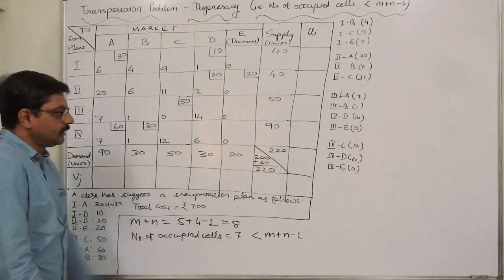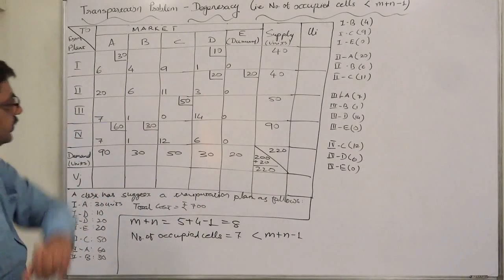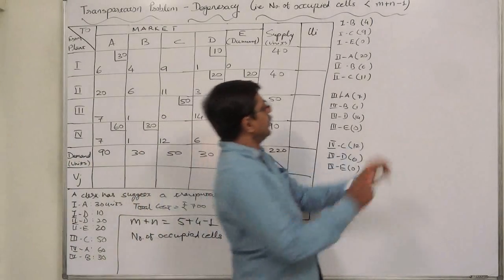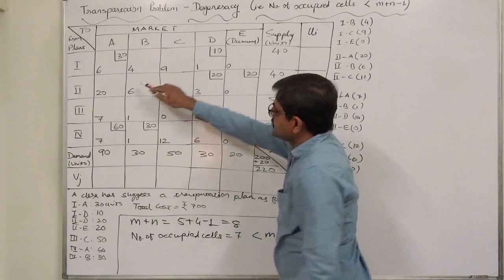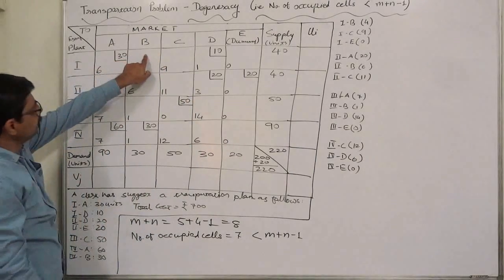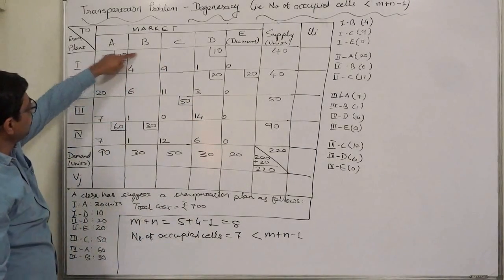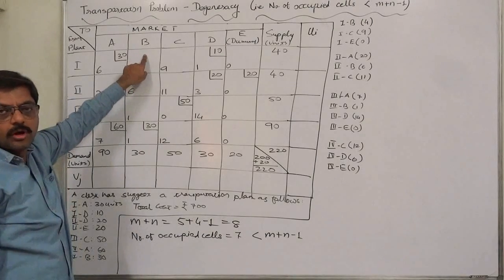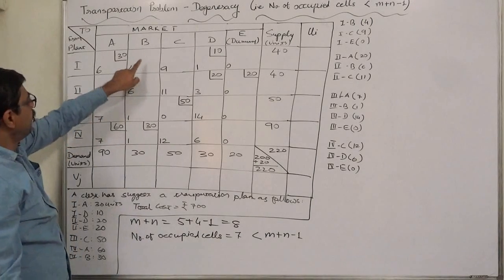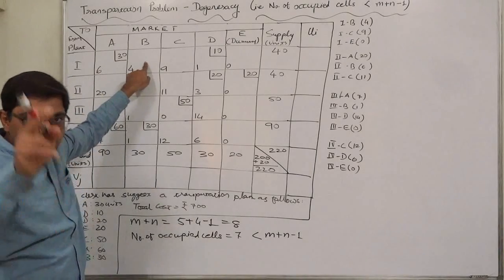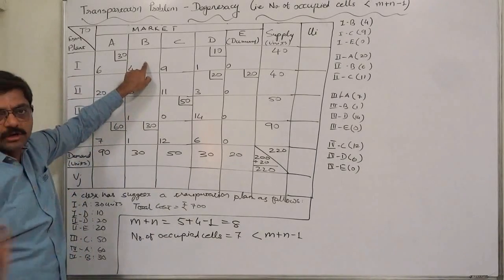Okay. Now let's check all these 13. If we want to start a closed loop from 1B, is it possible? If we start the closed loop from 1B, a very easy route is available to draw a closed loop. That means 1B is not independent, because from that cell we can easily trace a closed loop.